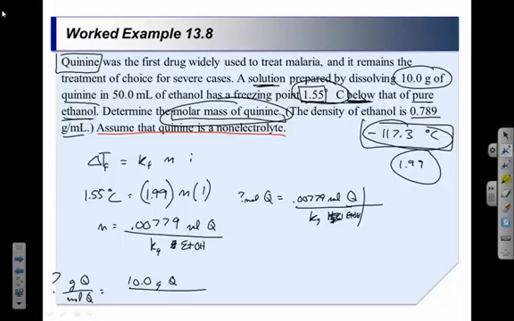In this particular example, I don't have a kilogram of ethanol. I have 50 milliliters of ethanol. So I put that in. Then I would use the density to go from milliliters to grams. Then I would use the 10 to the third grams per kilogram relationship.